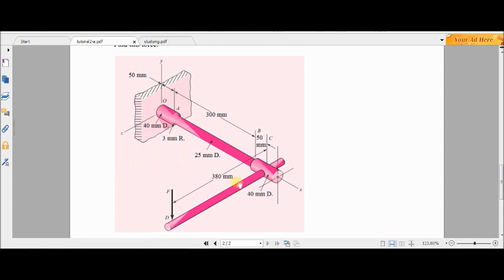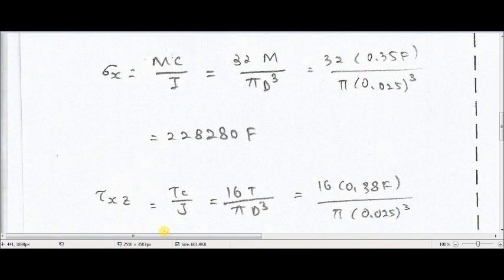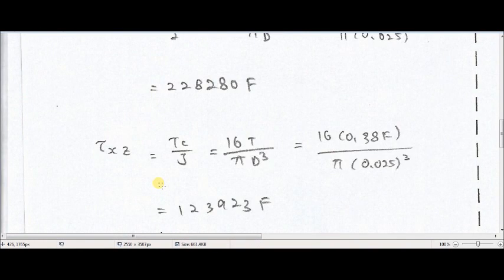As you know, x indicates the normal axis, and z shows the direction of the torsional shear stress.